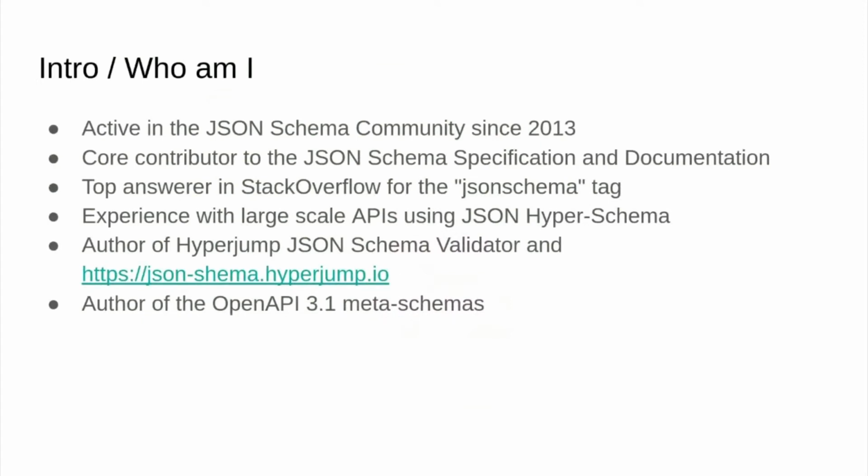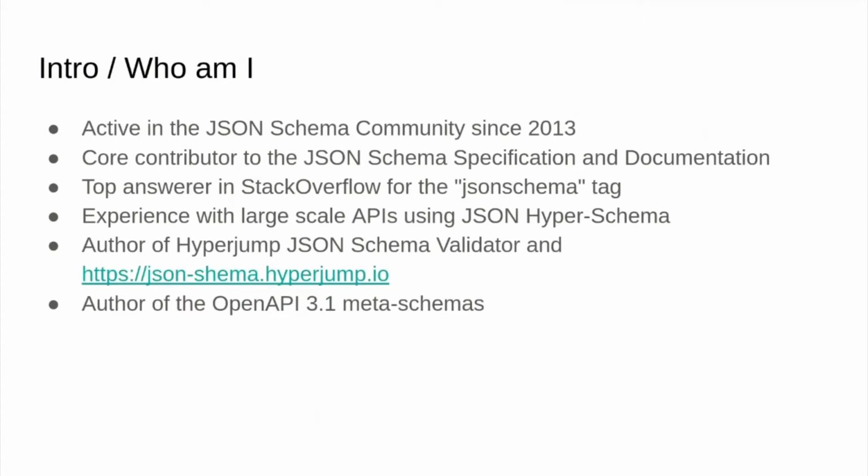A little bit about me before we get started. I've been active in the JSON Schema community for many, many years. I'm a core contributor to the JSON Schema specification. I've been working on the Understanding JSON Schema documentation. It has some big improvements recently. You should check it out.